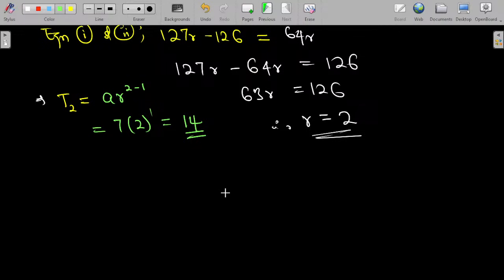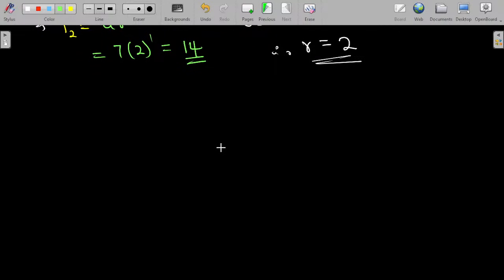All right, so we move on to the second one, which is number 2. All right, so number 2 says that the sum of some terms of a GP is 315. Okay, so let's begin. Sn, which we just said is equal to A into Rn minus 1 all over R minus 1.